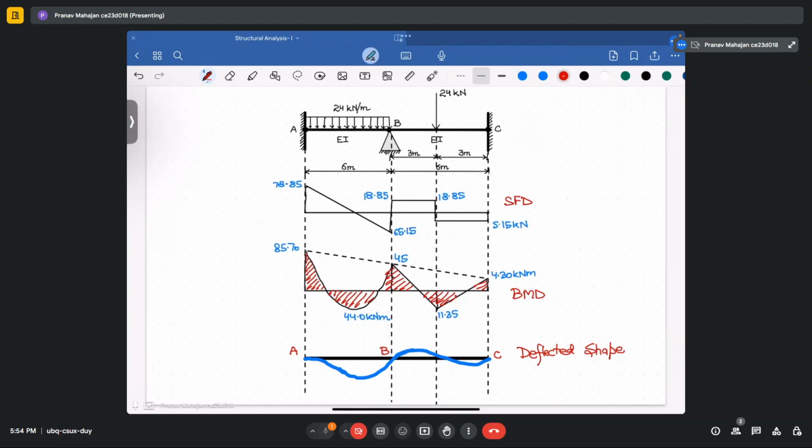So by this, your course on structure analysis concludes, and it marks the end of your structure analysis one course. But there are other courses for structure analysis too that will help you to solve more advanced problems related to structure analysis. So by this, we have covered all the 12 weeks for this course.